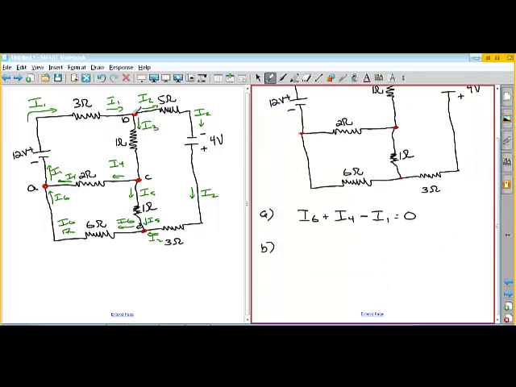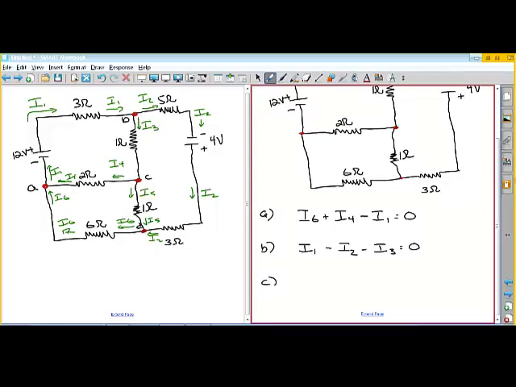Junction B, we have I1 coming in, I2 and I3 going out. If we guess right, then they'll all be positive. If we guess wrong, then it'll end up being negative. So that's junction B.